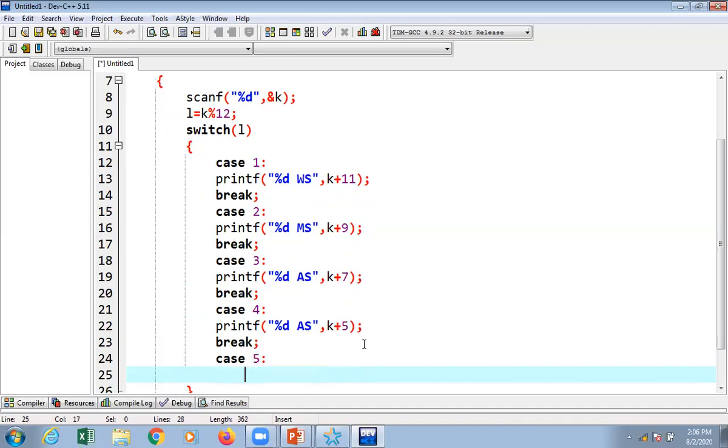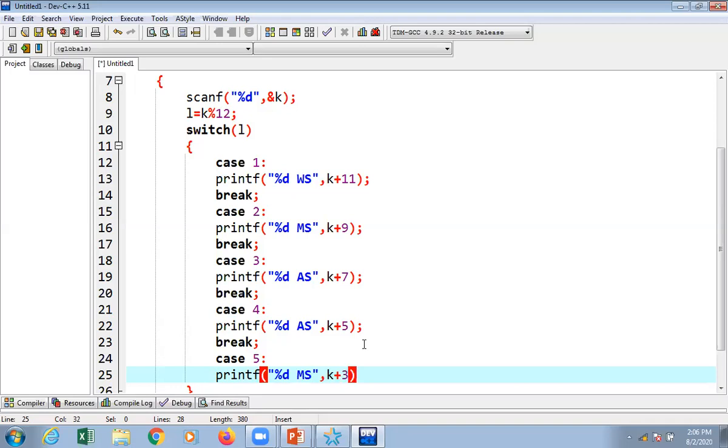Case 5 will be the case of middle seat, and it will be k plus 3 here.